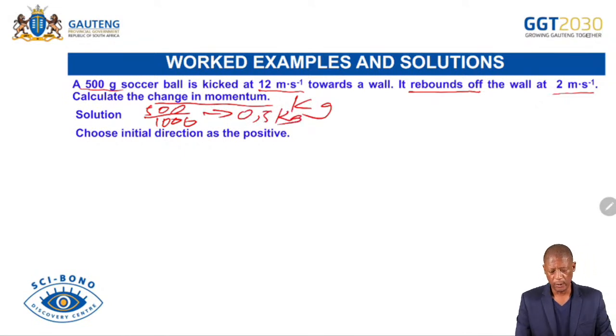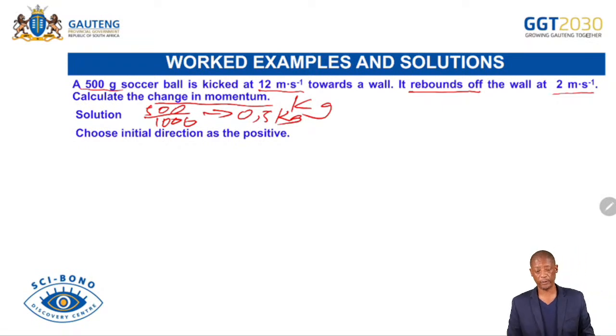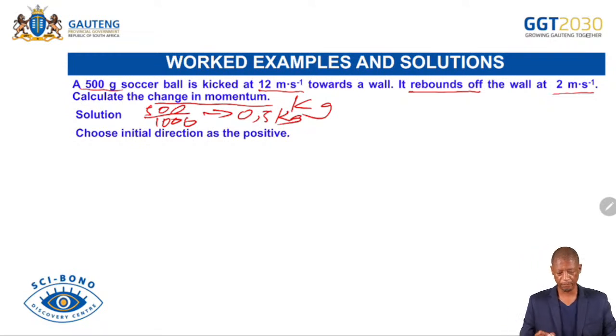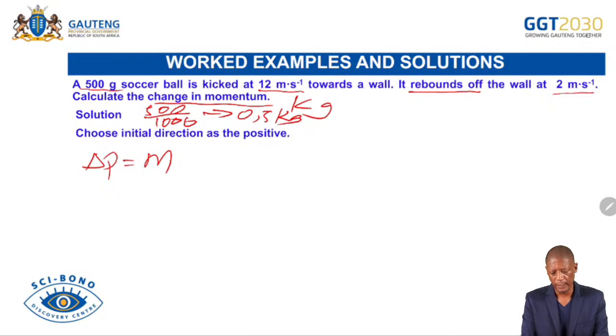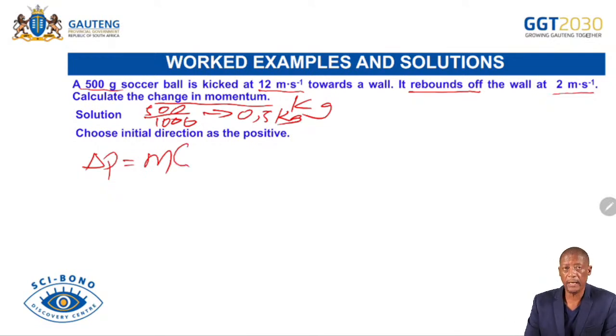Right. Now, calculation. How do you calculate a change in momentum? Remember, we are not calculating a momentum, we calculate a change in momentum. The same ball has the same mass. The mass doesn't change. Delta P equals m, the mass of the ball, times a bracket: v minus u.